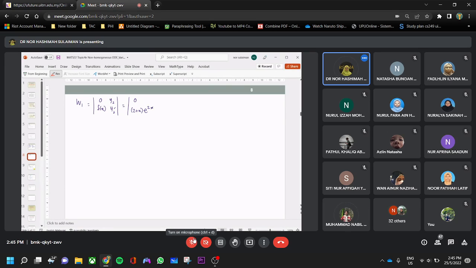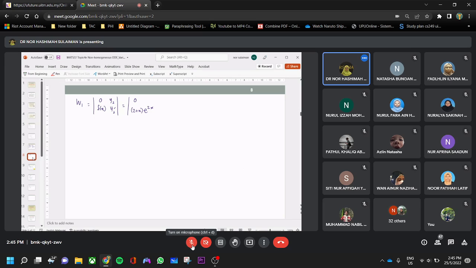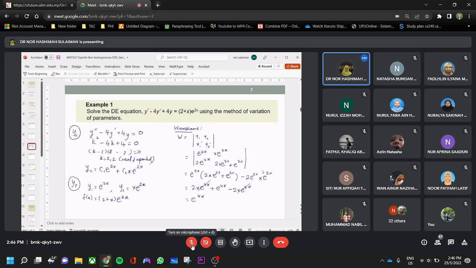Betul? Buka bracket. Betul. Betul? Okay, Betul. Y2 apa Y2? Tak ingat dah. Tak ingat tak apa, tengok balik. X e to the power of 2x. Okay, so kemahiran kat sini adalah apa? Tambah tolak darab, lepas tu derivative, right?